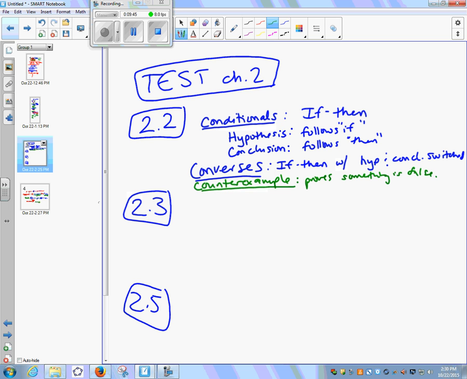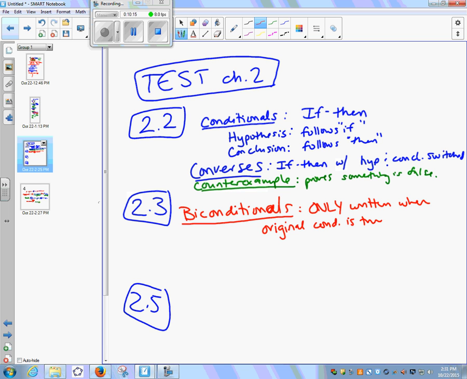Okay. Then we talked about 2.3, which got into biconditionals. In 2.3, we learned about biconditionals. And a biconditional is only going to be written when the original conditional is true and its converse is also true, okay?